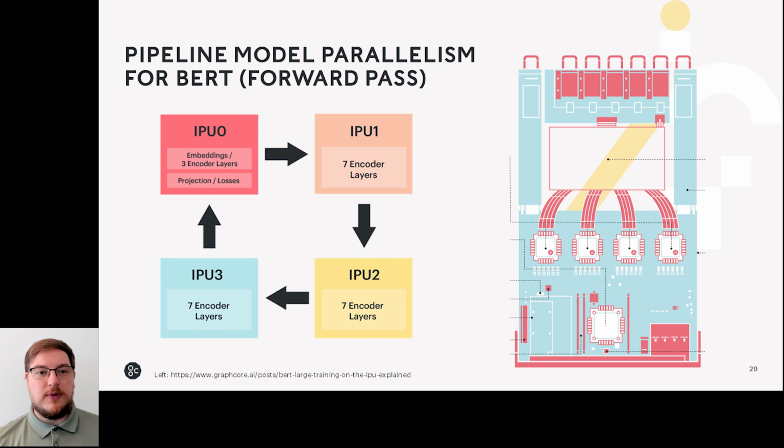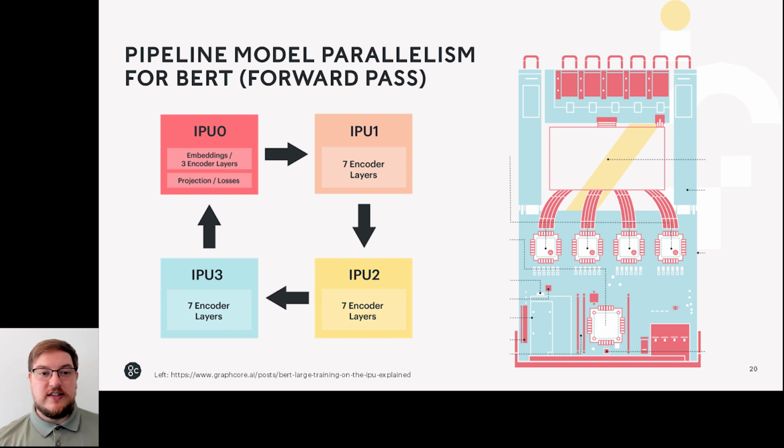How does the model parallelism look like for BERT? This is displayed here for the forward pass. On IPU 0, we have the embeddings and 3 encoder layers. IPU 1 then continues with 7 encoder layers, IPU 2 with another 7 encoder layers, and then IPU 3 with the last 7 encoder layers.